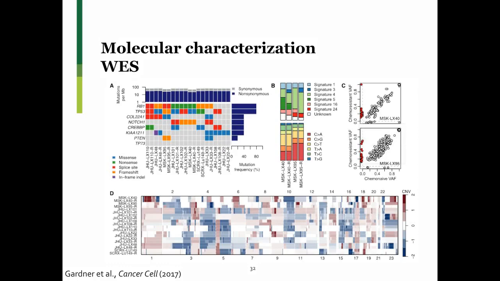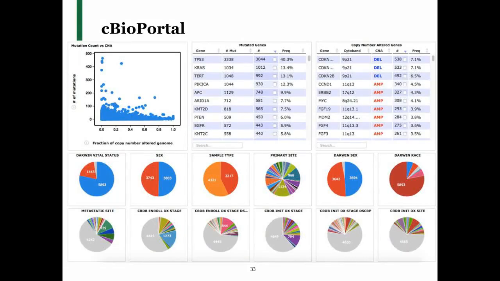What we really wanted to use this for was to build a database of highly annotated patient-derived xenografts, and our goal was to mimic the great cohorts of human primary samples that are now available.